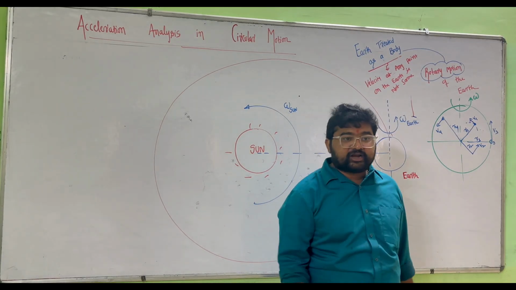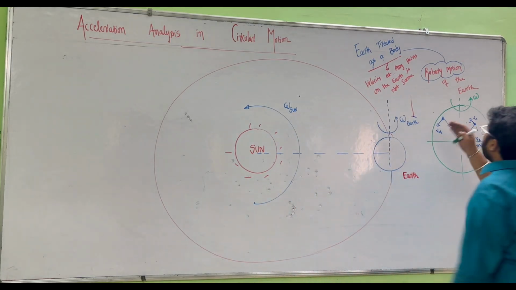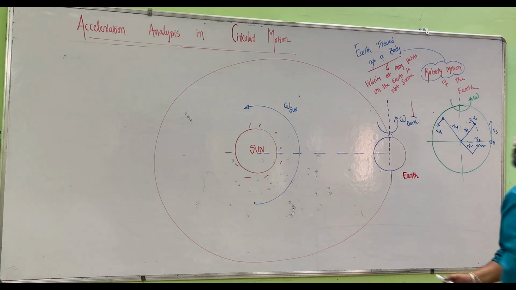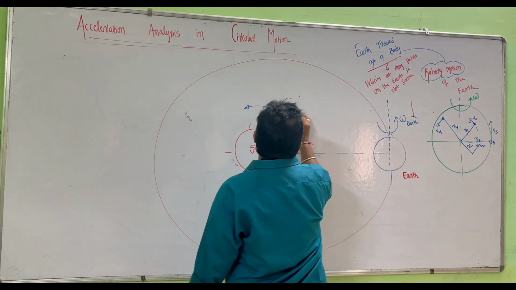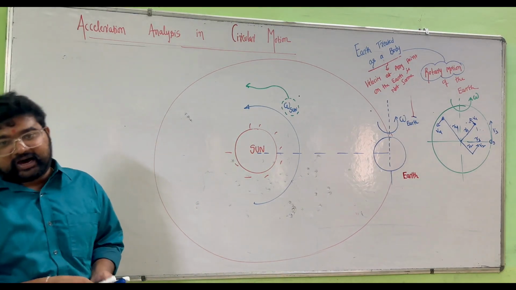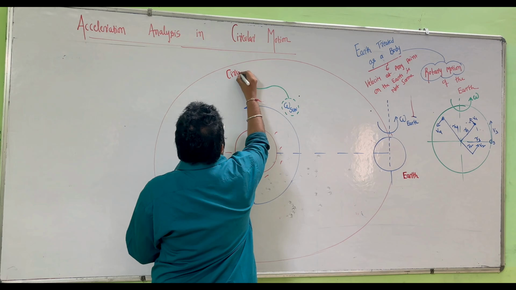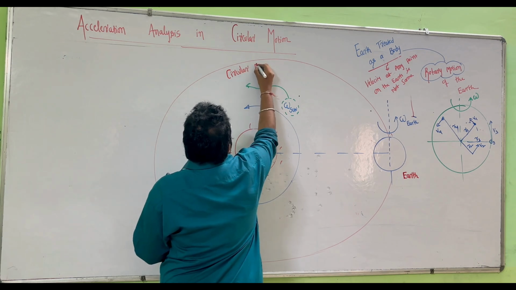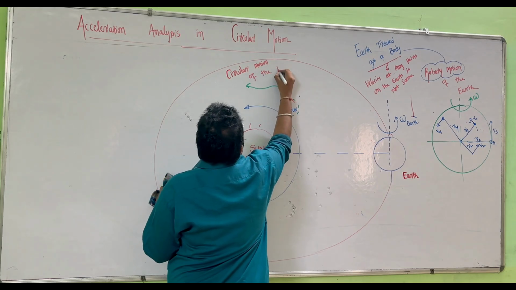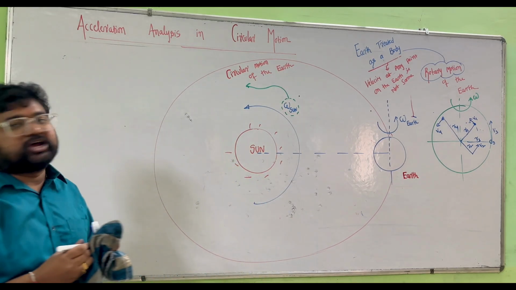When you consider rotary motion of the Earth, the Earth is treated as a rigid body. What is this related to? Circular motion of the Earth.